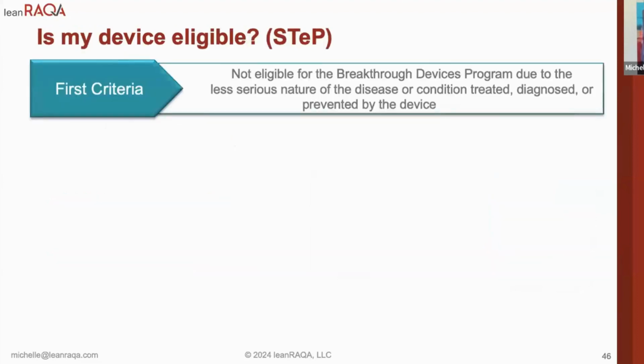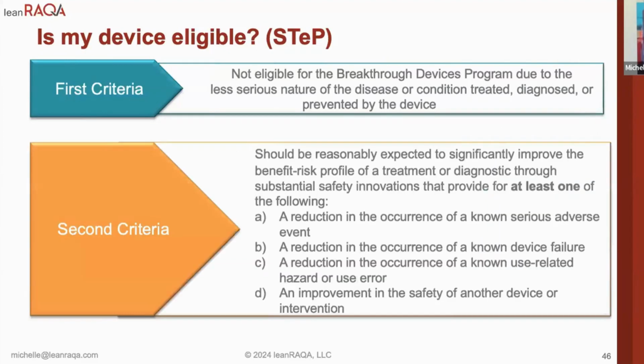Is your device eligible for a STEP? So the first criteria is you are not eligible through the Breakthrough Devices program, be that because you were denied for it, or you just know that you don't meet that life-threatening, debilitating definition or the definition of novel.